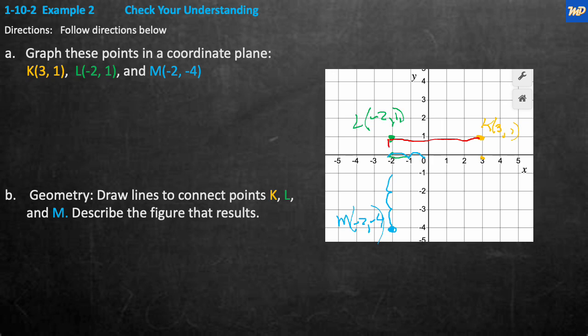And then from L, we go down and get to M down here. And then we're going to go from here. Hopefully I can go across. There. And then it says, describe the figure that results. Well, it's pretty simple, right? It looks like a 90-degree triangle, a right triangle. Good.